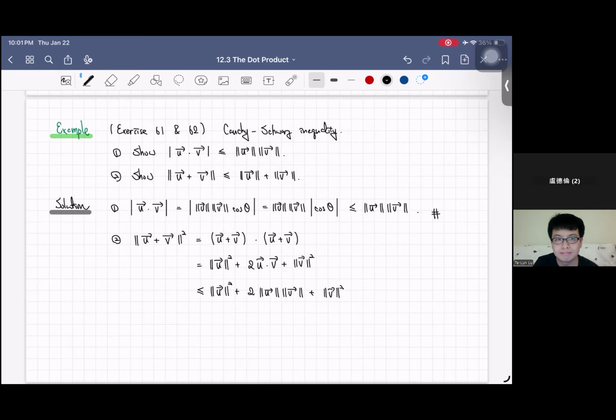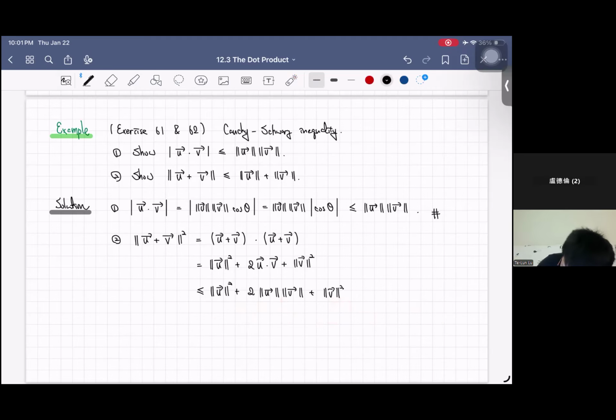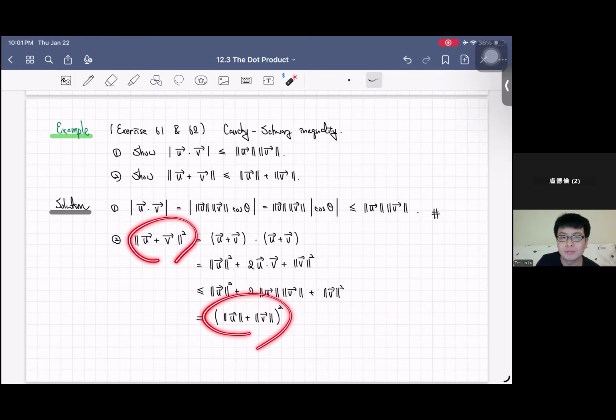Okay? And now the miracle happens. So this is a squared plus 2ab plus b squared, right? Which is simply a plus b squared. So you get the magnitude of u plus the magnitude of v, squared. Okay? So this guy is always less than this guy.